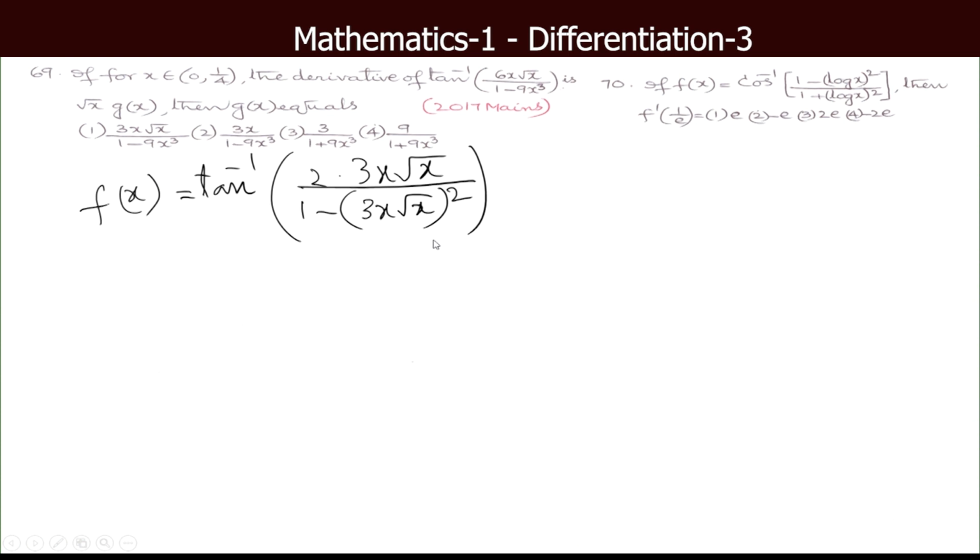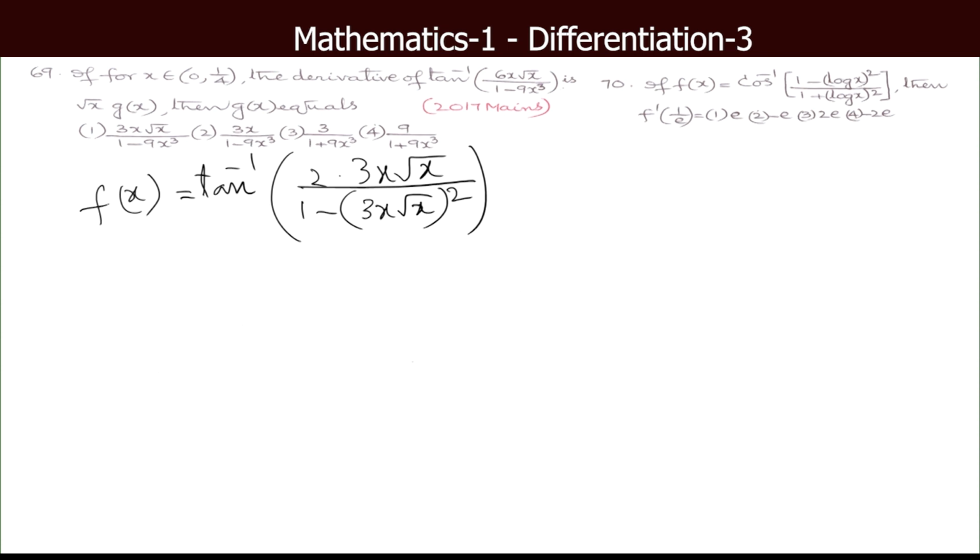Last year's mains paper, 2017 mains paper. This is of the form inverse tan 2t by 1 minus t square, which becomes 2 tan inverse t. When? When t lies between minus 1 and plus 1.